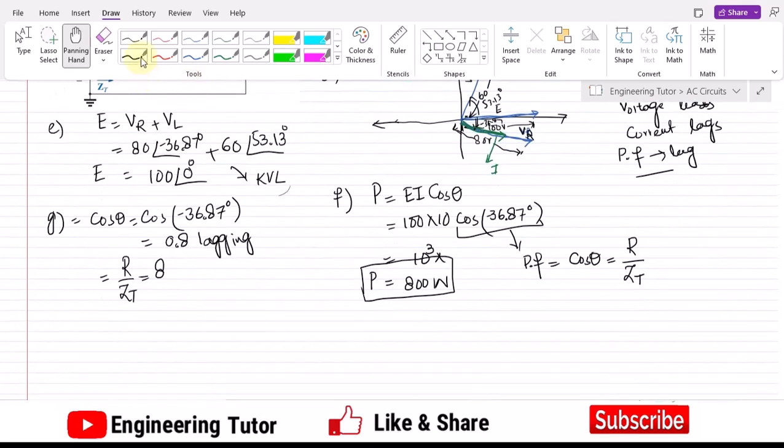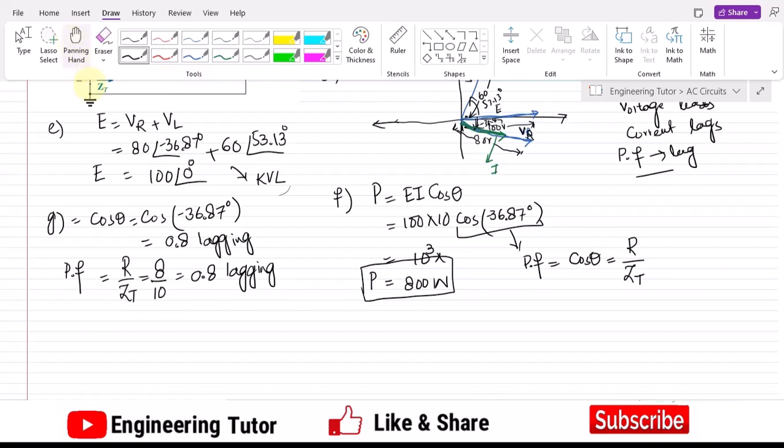Okay, so writing it here, I will get 8 over 10, and from it I will again get 0.8, and due to the nature of the circuit, that is lagging. Okay, so from these two methods we can calculate the power factor here.